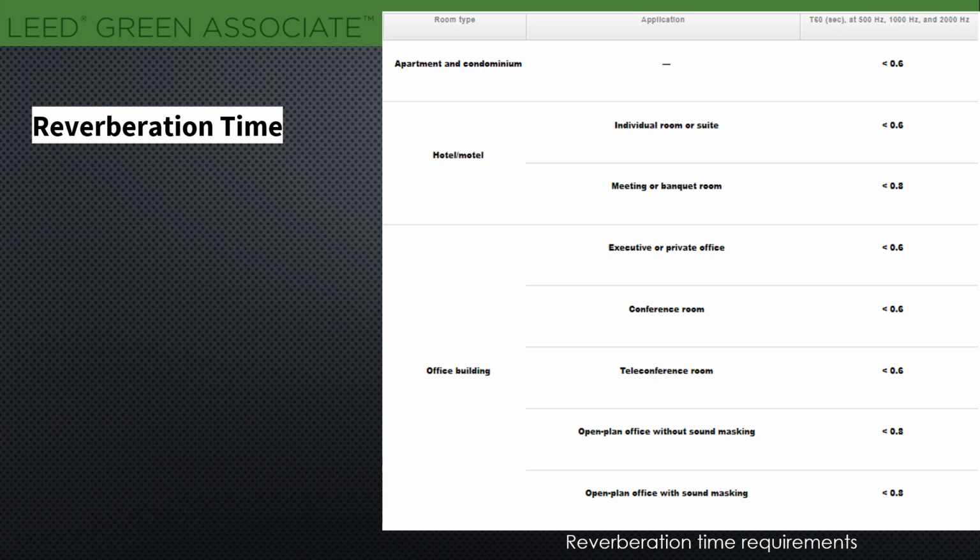It can become irritating. So basically it is the time required for the sound to fade away or decay in a closed space. The table shows the room types, application and the required reverberation time. So we need to achieve the reverberation time as per the table. The remaining list is given on the next page.